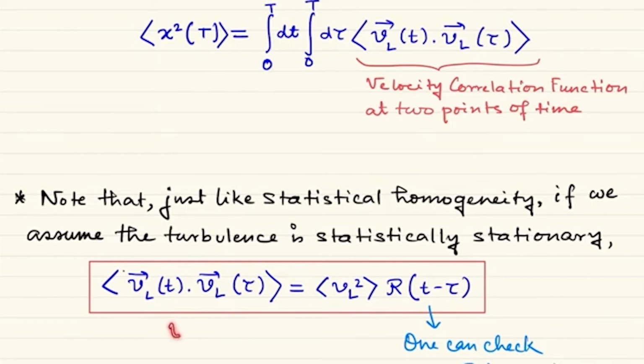Here we have to understand, just by definition, that this VL is not really the total Lagrangian velocity. It is the fluctuating Lagrangian velocity with respect to the mean value or some background value.